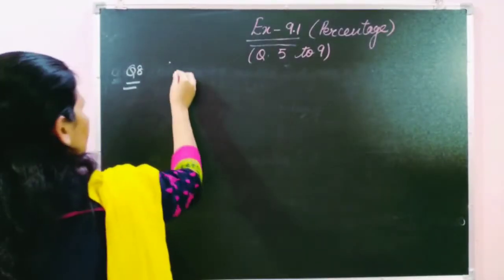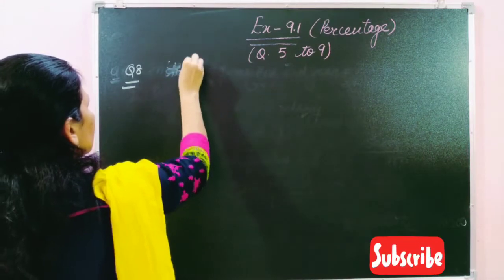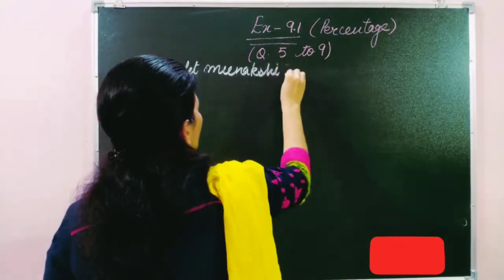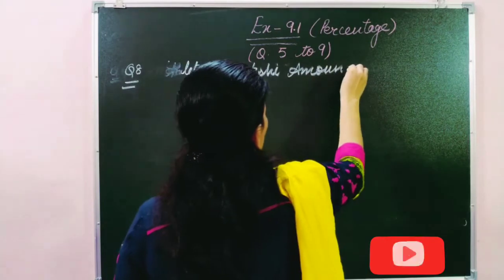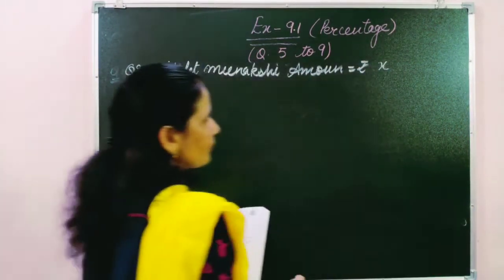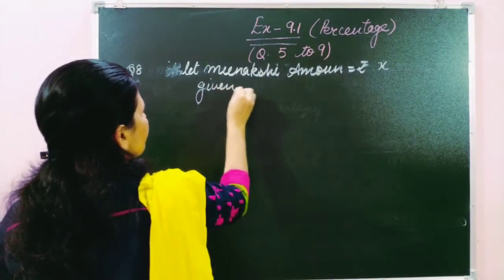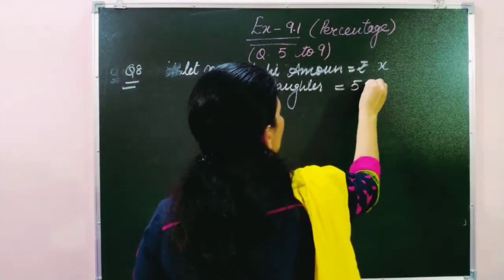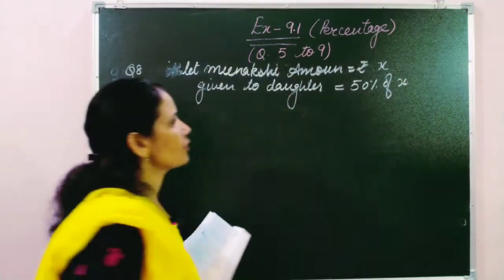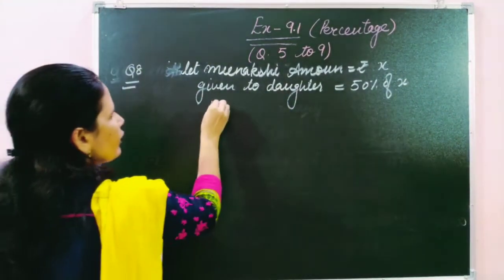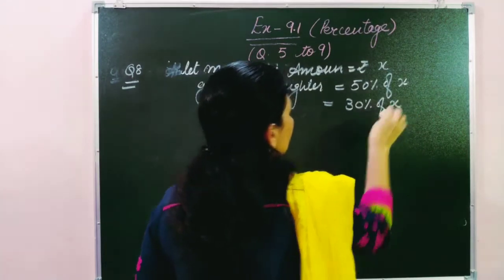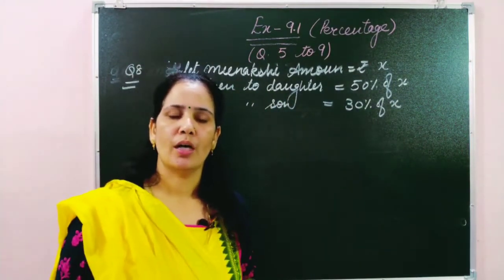In this question, question number 8, first of all, let Meenakshi's amount be rupees X. Given to daughter, that is 50% of X, because given to the daughter 50% of X. Then given to son 30% of X. That means how much amount she gave to her daughter and son.